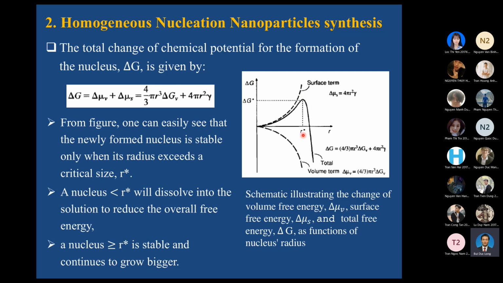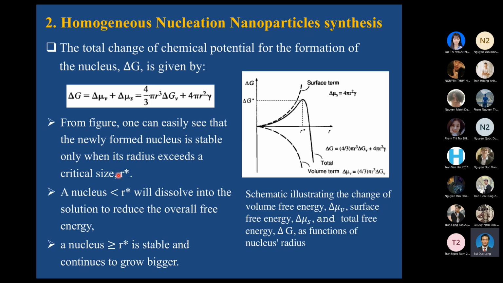After R star, the energy of the system drops rapidly, so the particle will grow spontaneously. We don't have to interfere in the system, and the particle can grow freely, because the energy of the system is reduced.